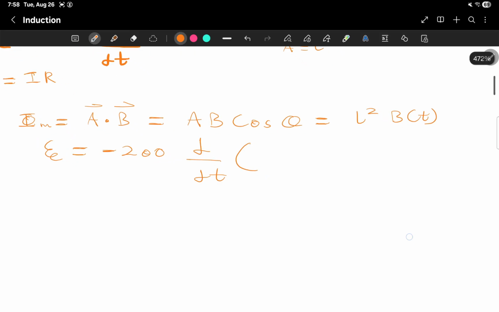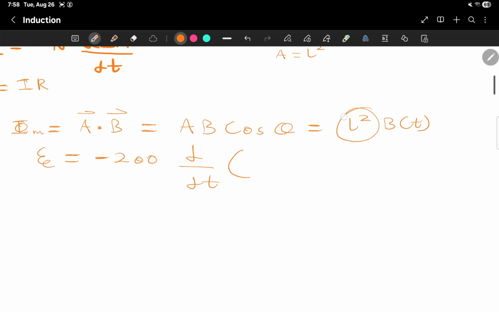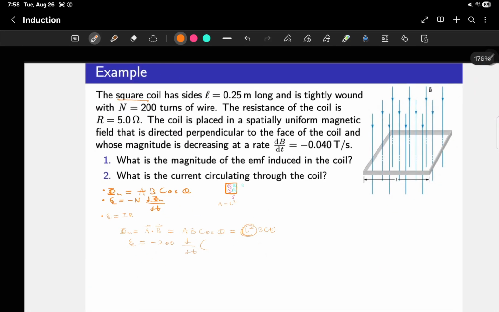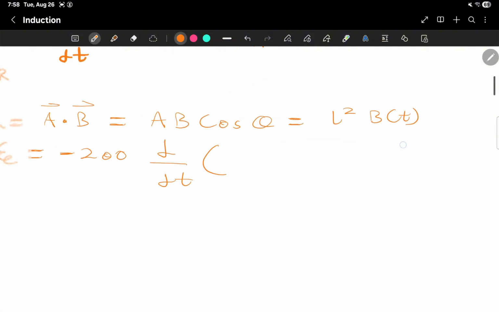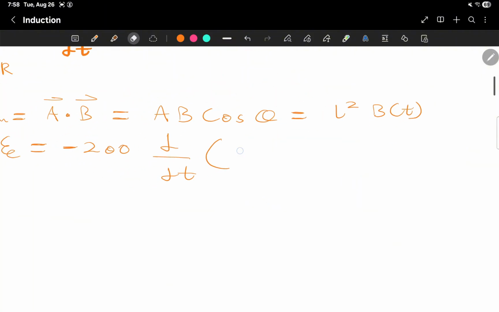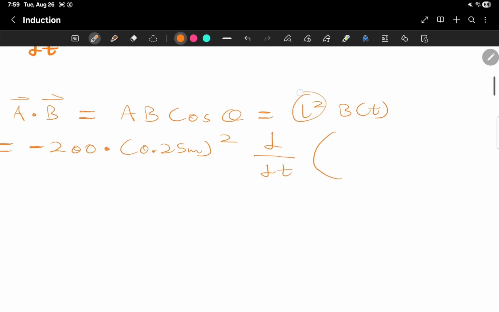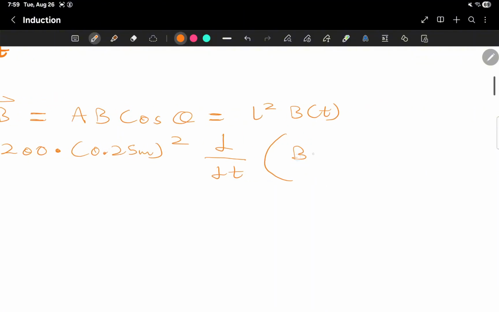So this is a constant. L is 0.25 meters. That's the length, squared. So it's just going to get factored out, or we basically use the constant rule. So we have 0.25 meters squared. We use the constant rule for derivatives, and that is just a constant, so it goes out. And now we're taking the actual derivative of B of t.